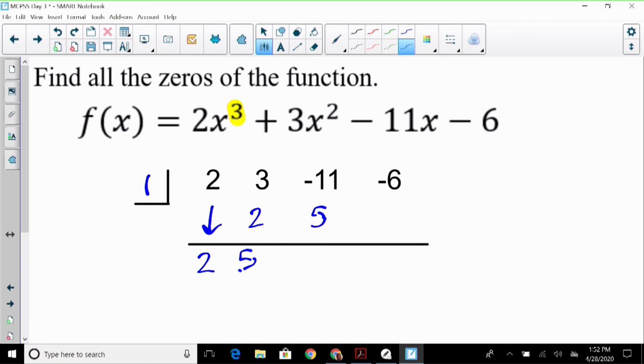Add these. Negative 11 plus 5 is negative 6. Negative 6 times 1 is negative 6. Is this a 0? We add these, this would be negative 12. So with that being said, 1 is not a root.